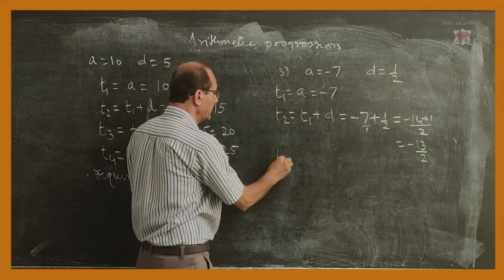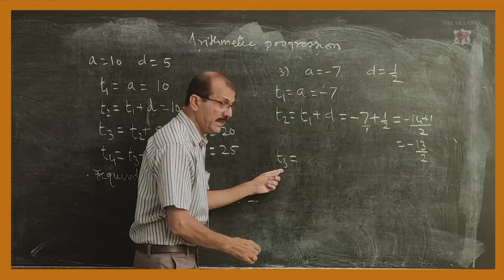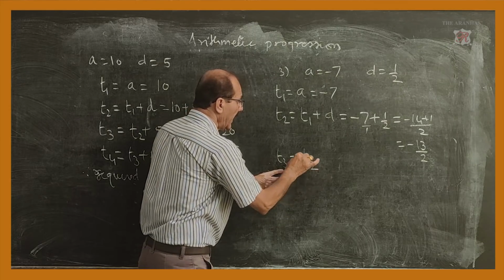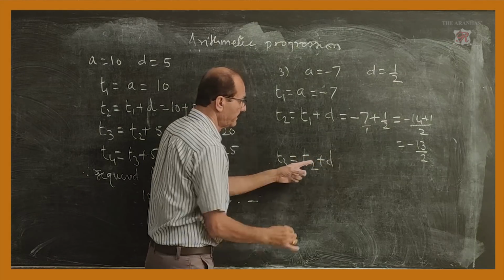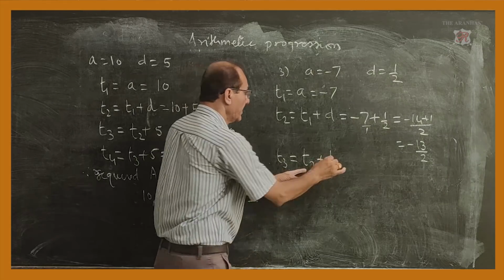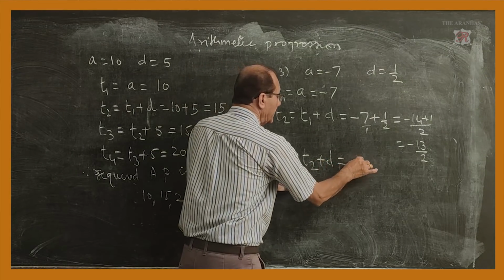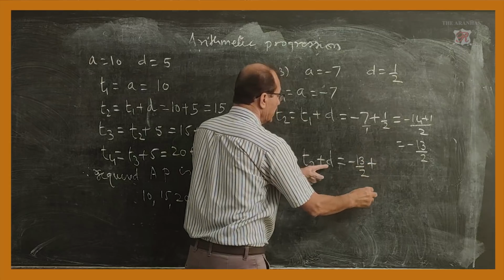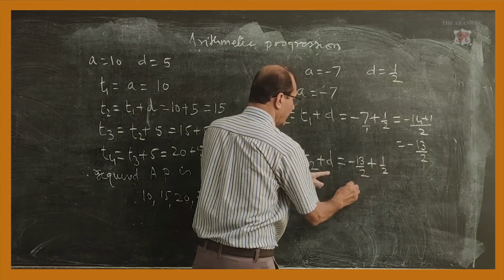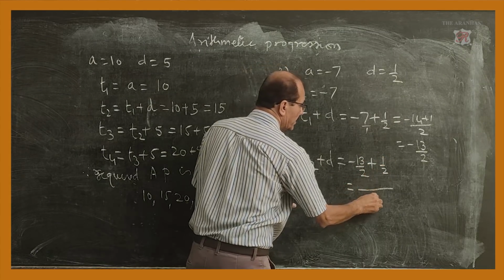To get T3, what will you do? Add the common difference to T2, the preceding term. What is my T2? Minus 13 by 2 plus D, which is what? Half. So LCM is 2 here.